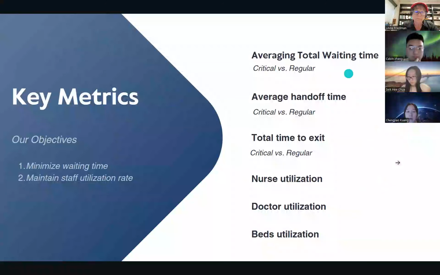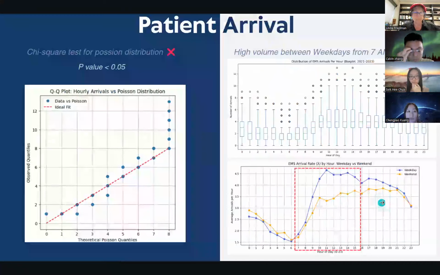Here are our key metrics: the average total waiting time for critical patients versus regular patients, the average handoff time, the total time to exit, nurse utilization rate, doctor utilization rate, and the bed utilization rate.